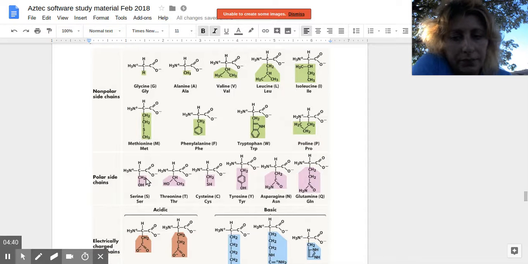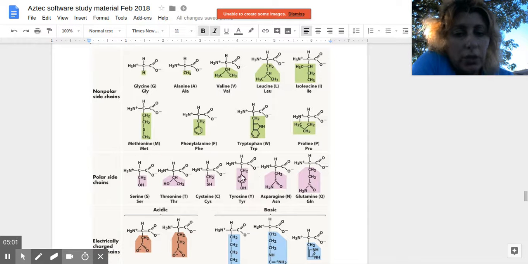Serine has a CH2 and an OH. Because of the OH or hydroxyl group, they're polar. Then in threonine, CH, CH3, and OH. Cysteine, CH2, and a sulfur, hydrogen.